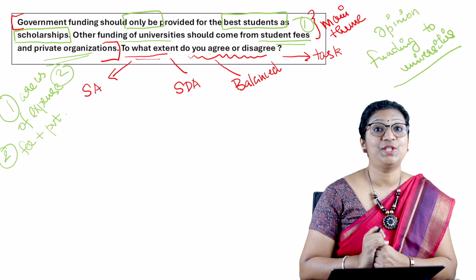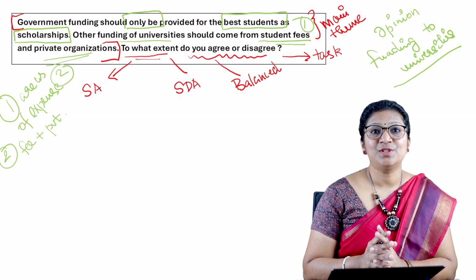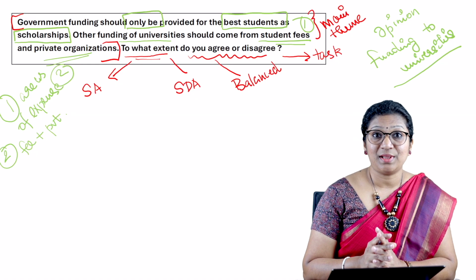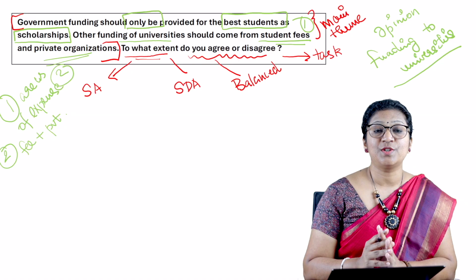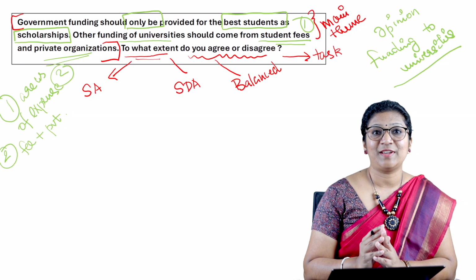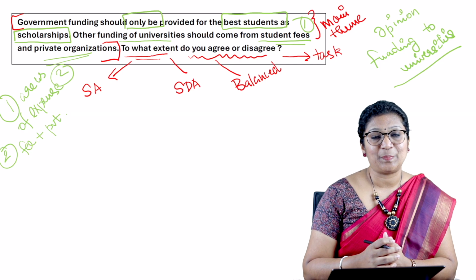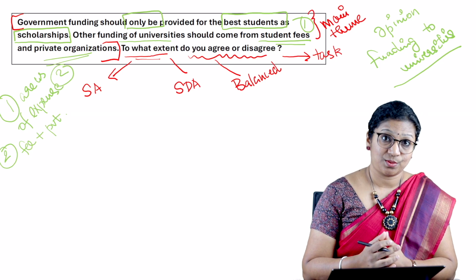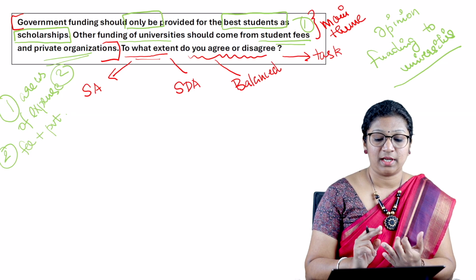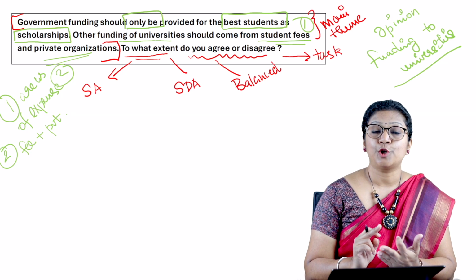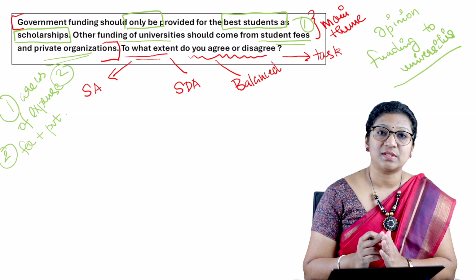Either you can say yes, you fully agree, saying government should focus on promoting students who are good with their academics. Now when we talk about best students, we're talking about students with great academic qualifications, or I would say great academic fervor. Now what about the other students? Maybe the marginalized students from economically poor backgrounds, or students who do not have equal opportunities as those of the other students.